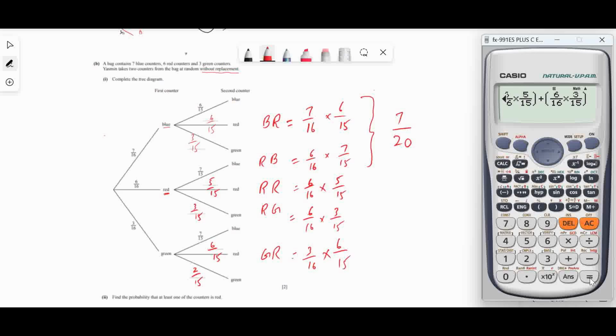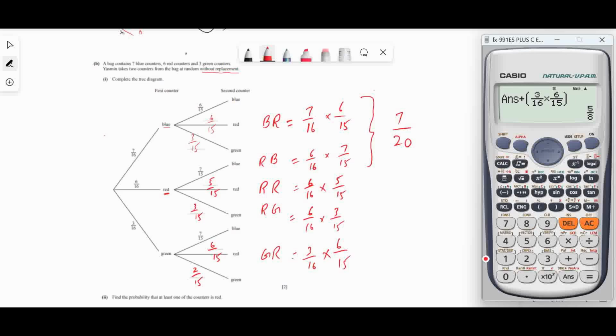So this will be equal to 11 by 20, the last one then, plus bracket 3 by 16 multiplied by 6 by 15. So this will be equal to 5 by 8.